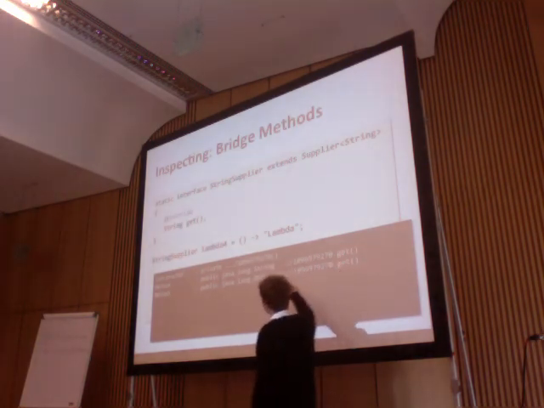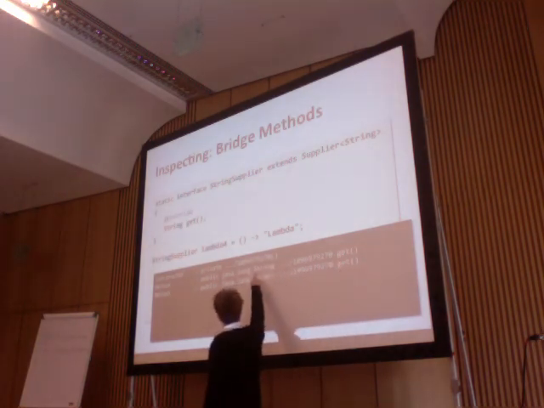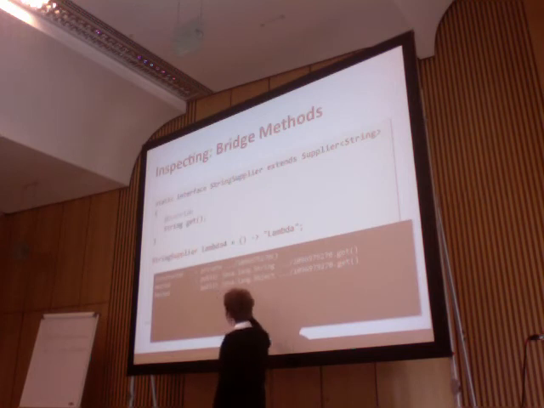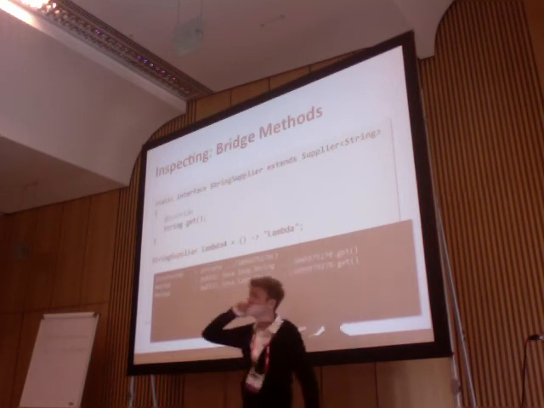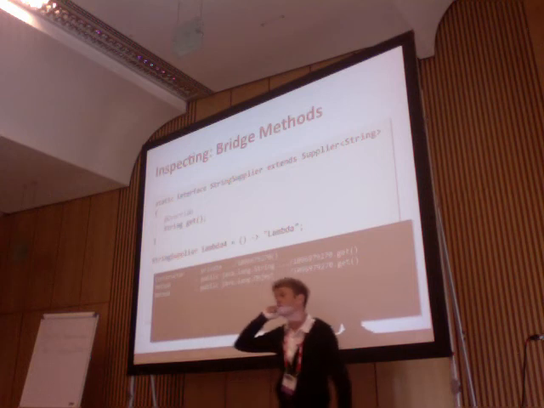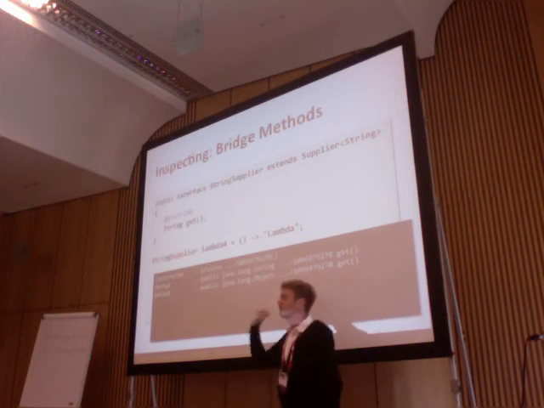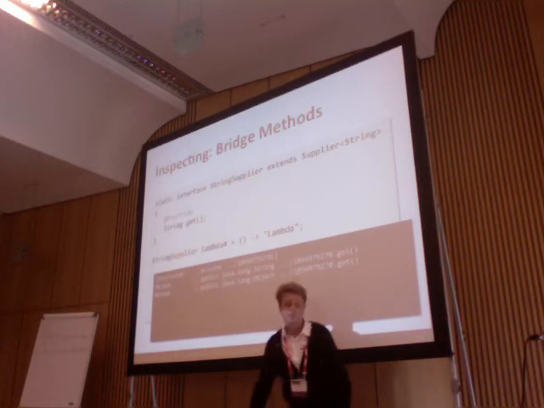One get method is for the string, which is this implementation, and the other is object, which is from the superclass Supplier. This is also something they had to consider when creating lambdas, because functional interfaces might look like SAM, single abstract method, but due to the bridge method issue, you actually could get multiple method implementations with different return types.